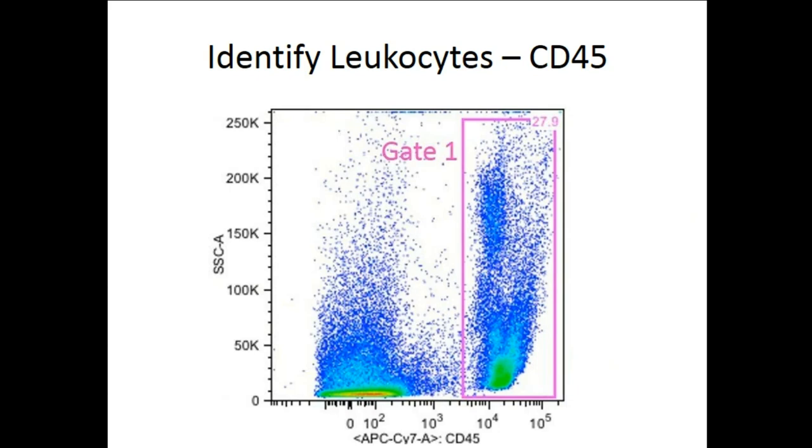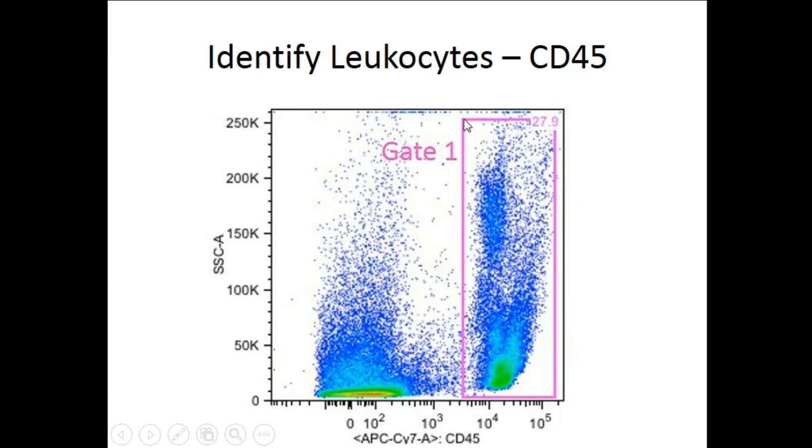So the user's first target is, I want to see what leukocytes are present in this sample. So what he does is he has here, on the x-axis, side scatter and a stain for CD45. Okay? So what they want to identify are all cells that are stained with CD45. So they go across and they identify a group of cells that have high CD45 and they gate them.